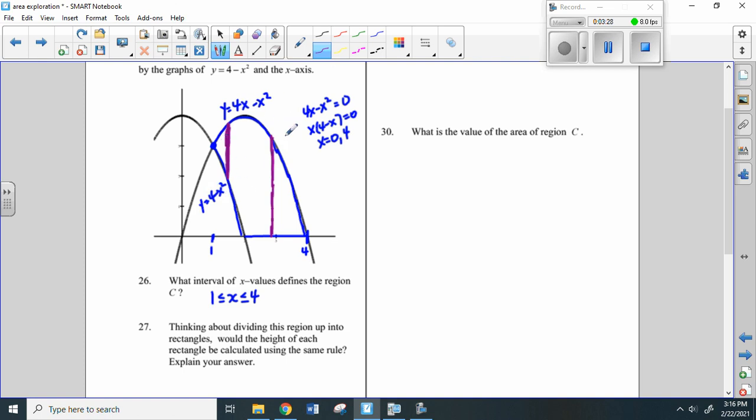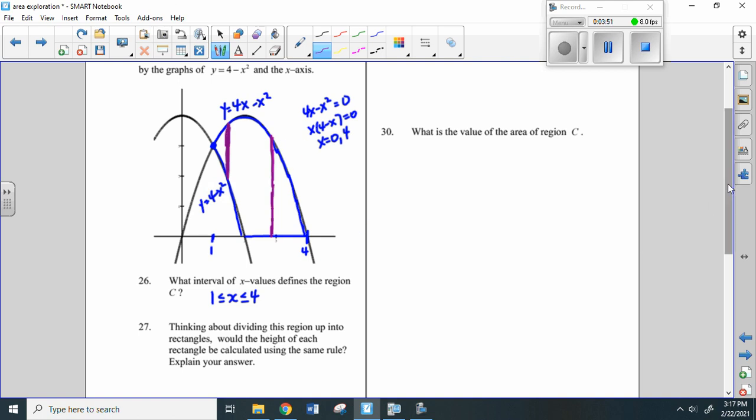I'd just be touching the top and the x-axis. So the way we calculate the height is not going to be the same for that entire region. What we have to do is figure out where we are going to have to break this up, so that we can calculate the lengths and widths appropriately.